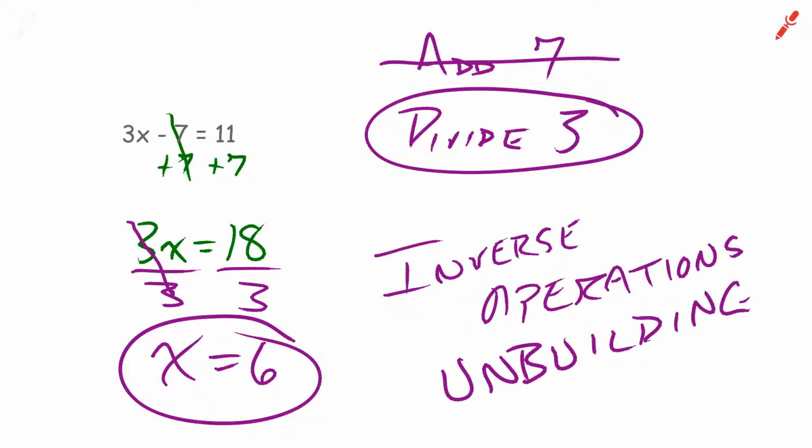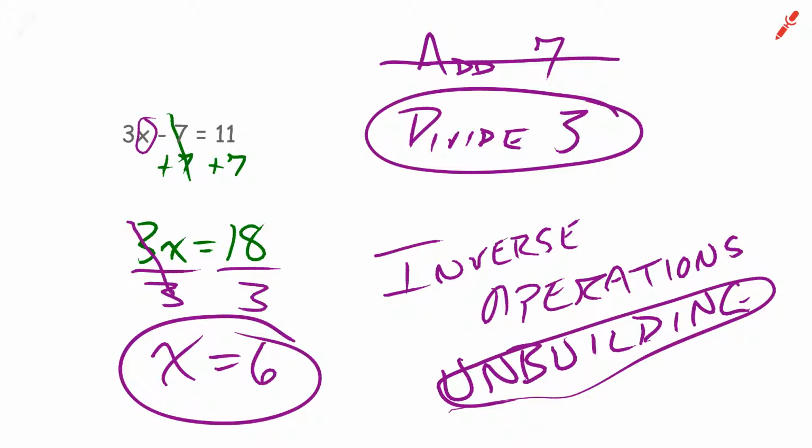It sounds really weird. It sounds like I'm literally just making words up, and you know what? I think I am. At least when I say stuff like unbuilding. But literally all we need to focus on here is how do I take x, and I built up all this stuff around it, how do I get it back down to just x equals a number?